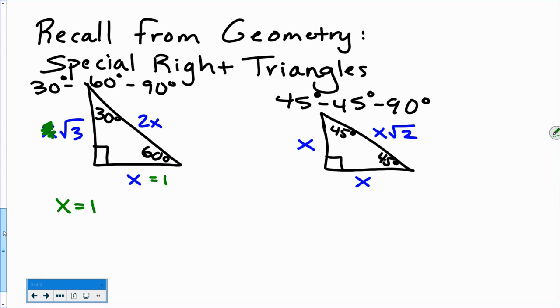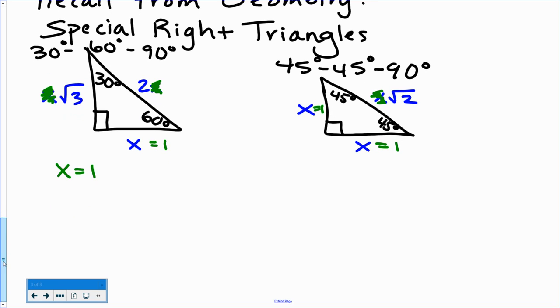It'll just be the square root of 3. We'll use 2. These are both 1, and that's just going to be the square root of 2. All right, so we're going to use that for what we're going to do next.